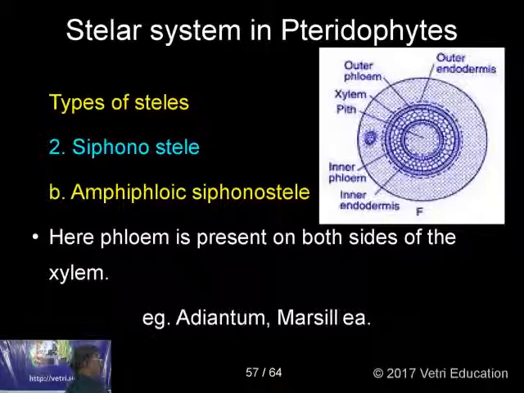That is called amphiphloic siphonostele. You can see the labeling also there. You can see central pith, and then phloem, and then xylem, and then phloem. So it is given as inner phloem, outer phloem. Example, Adiantum and Marsilea, you can find this amphiphloic siphonostele.